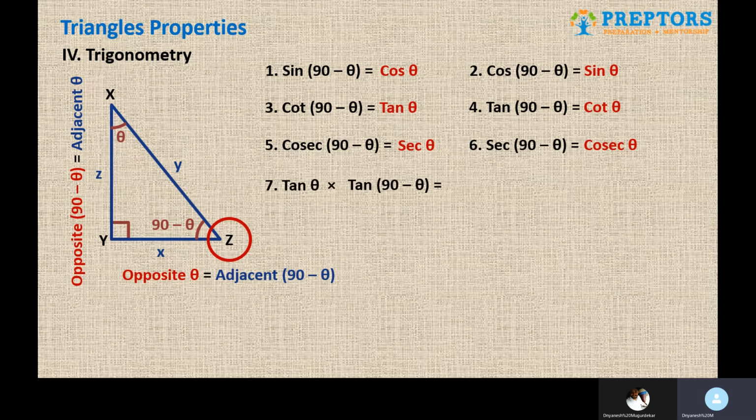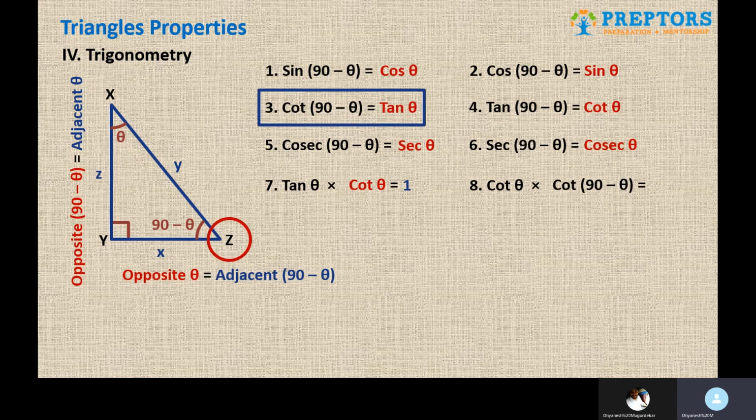Then the next one, tan theta into tan 90 minus theta. So tan 90 minus theta we can replace by cot theta, and tan and cot are reciprocals, so they will cancel. You will have 1 as the answer. Same is the opposite scenario, cot theta into cot 90 minus theta.